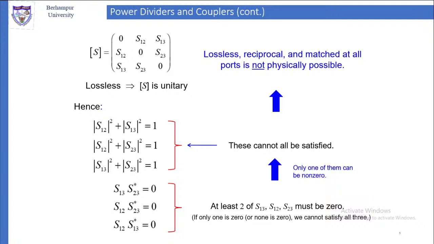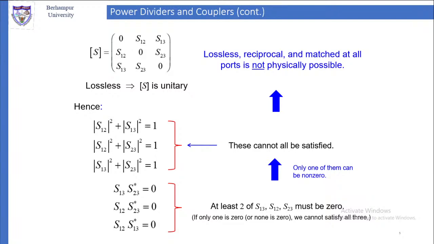Now what does this imply? Each multiplication is equal to 0. This implies that at least two elements out of S13, S12 and S23 must be 0. At least two elements will be 0. If only one is 0, or none of them is 0, then we cannot satisfy the three conditions.